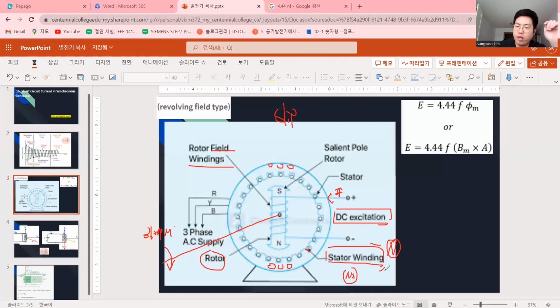If N and NS are the same, we say synchronous. But the difference between the speeds is what we call slip. Yeah, this is the basic concept for what we are going to learn today.